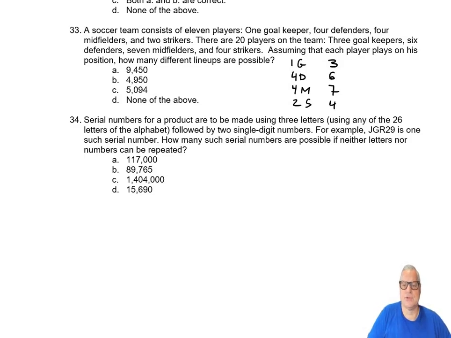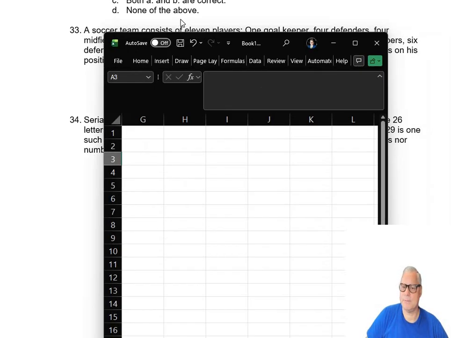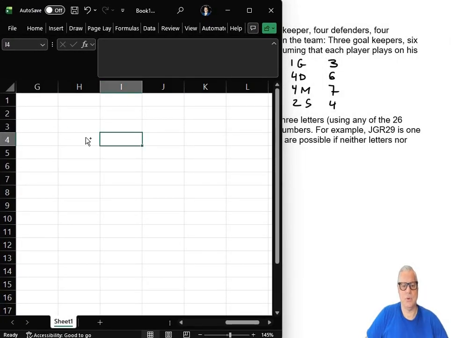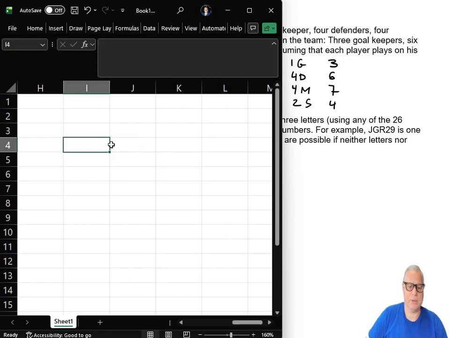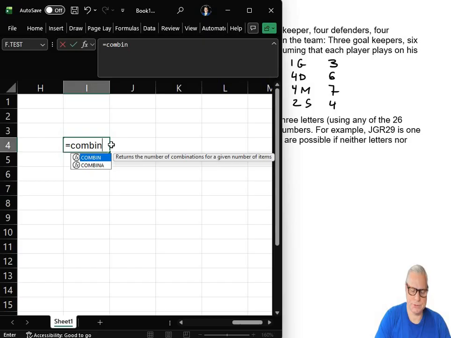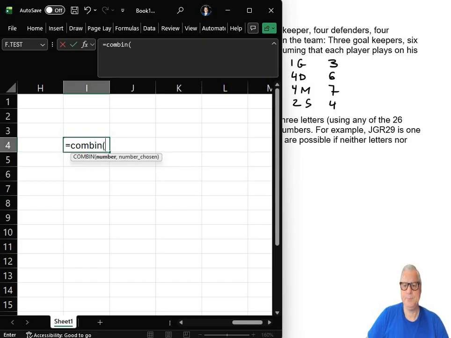Okay, so now we have to choose from them. Let's do that again in Excel. We choose from 3 goalies 1.